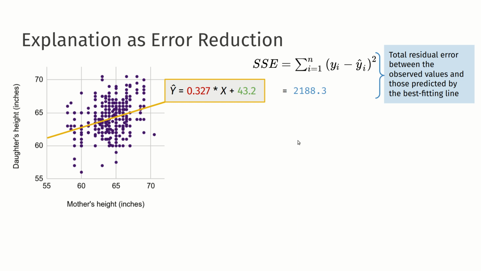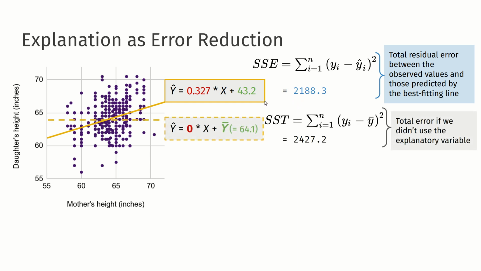We remember that the best fitting line is the one that minimizes the squared residuals. Here are the residuals: the observed value of y for a particular mom and the value predicted by the model. We square that so that they're always positive, and then add them up over all of our mother-daughter pairs in our data set, and this is what we get. So this line is the one that makes this number as small as it can possibly be.